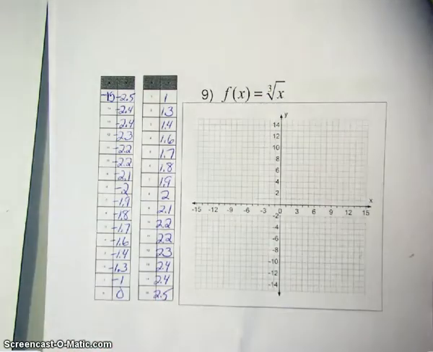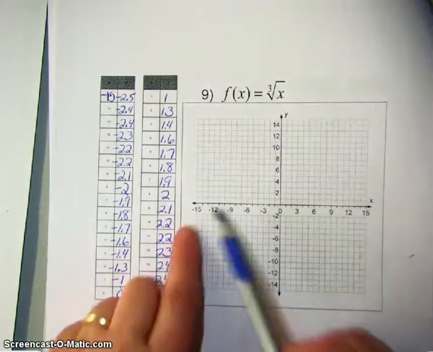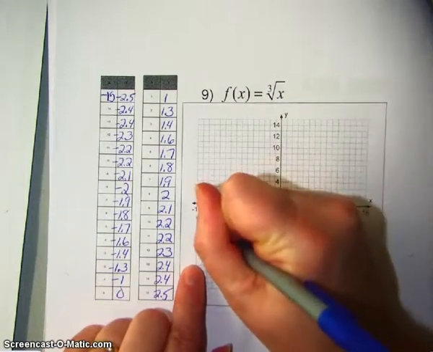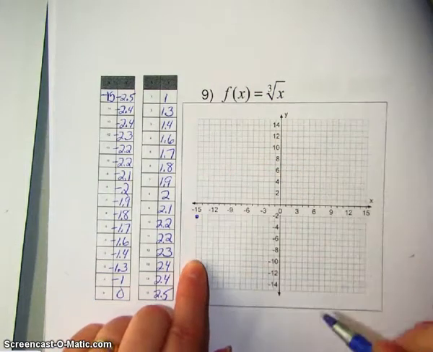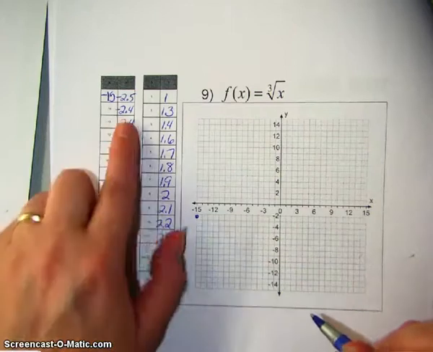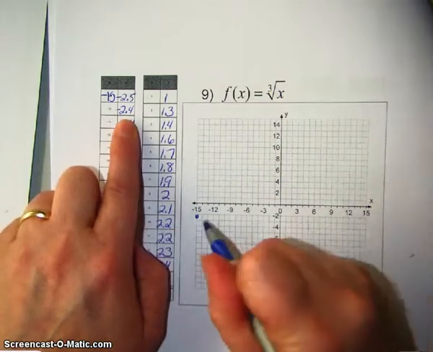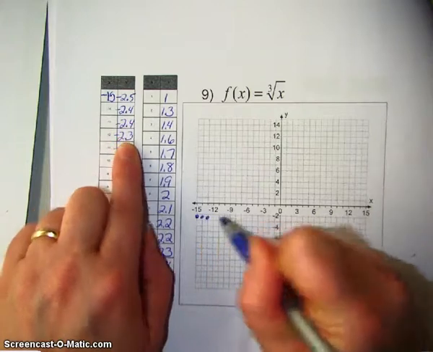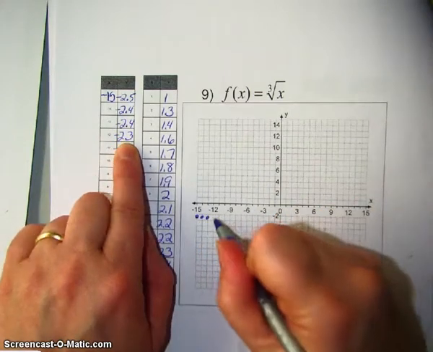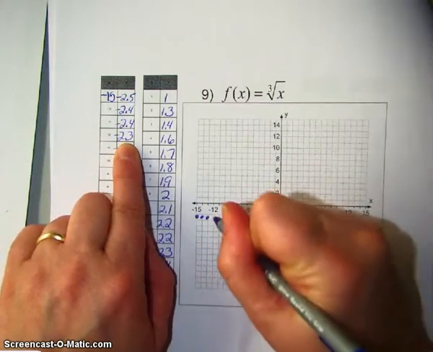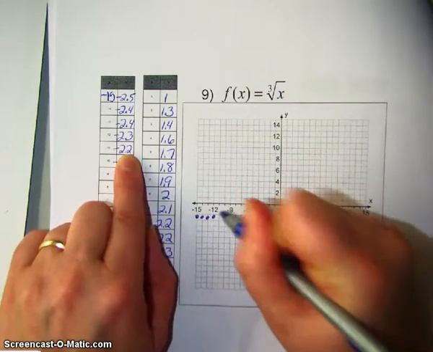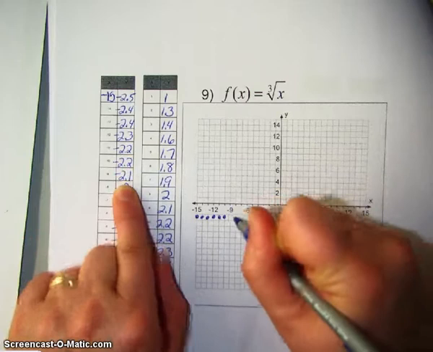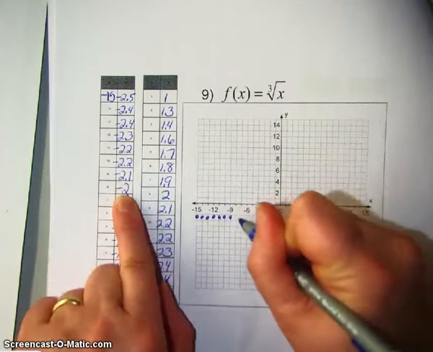All right, so I'm going to plot those points. Negative 15, negative 2.5. That's somewhere between negative 3 and negative 2. Same thing goes for negative 2.4 and negative 2.4 again. Remember, those are estimations or rounded answers. Negative 2.3, negative 2.2, negative 2.2, negative 2.1, negative 2.